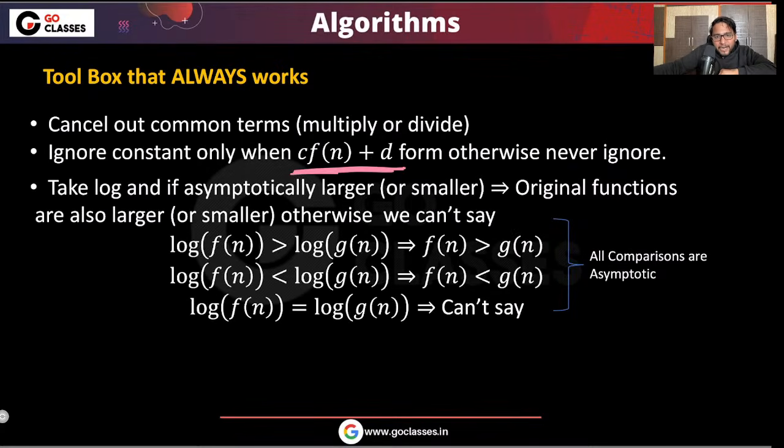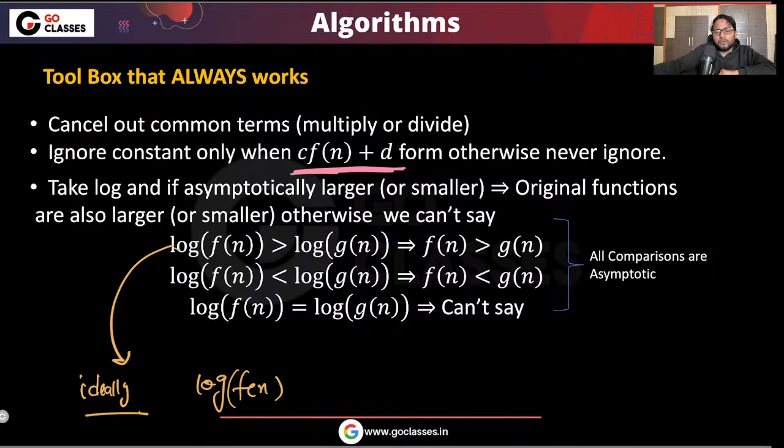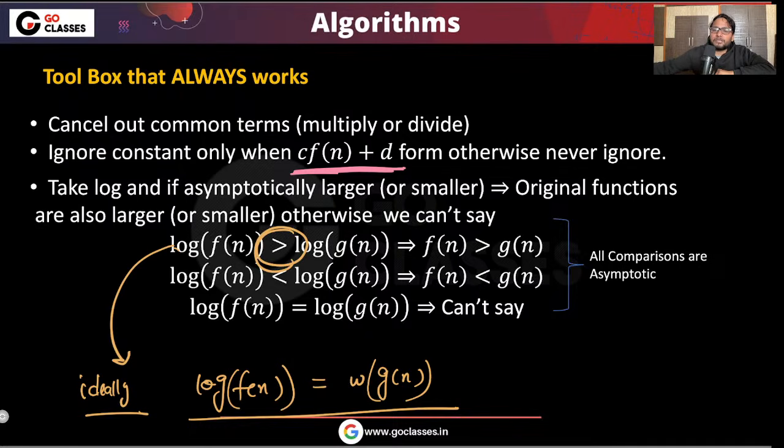Ideally I should be writing, just to not make you much confused, like this: this is a small omega of Gn, which means it is strictly greater. I should ideally be writing a small omega or something. I can't just say it is greater and that all comparisons are asymptotic. This is not a very formal thing.